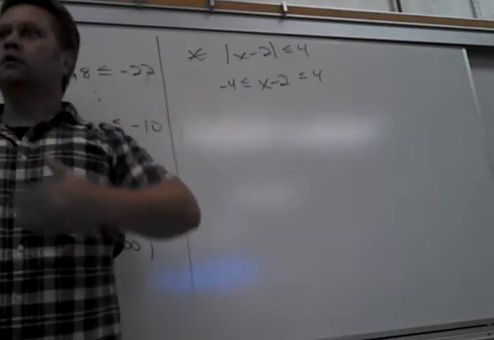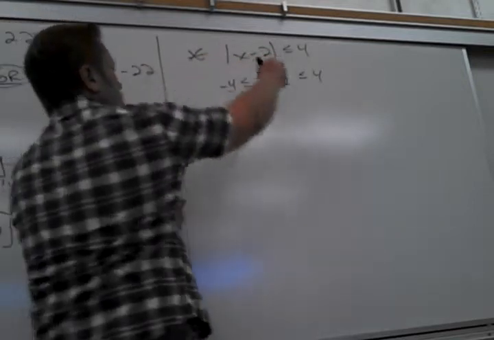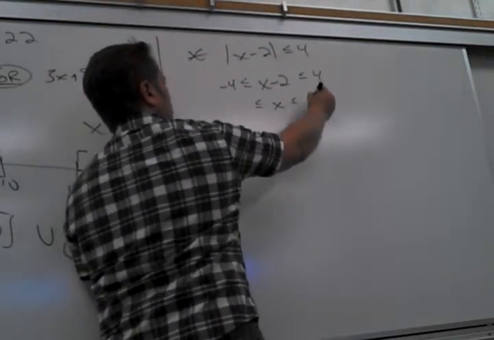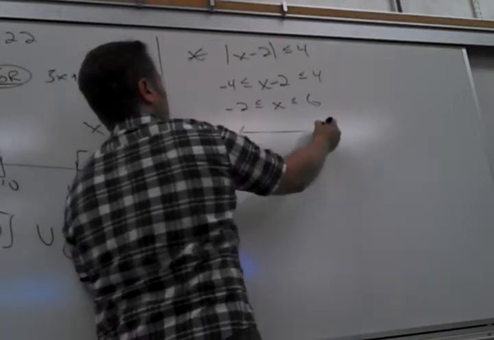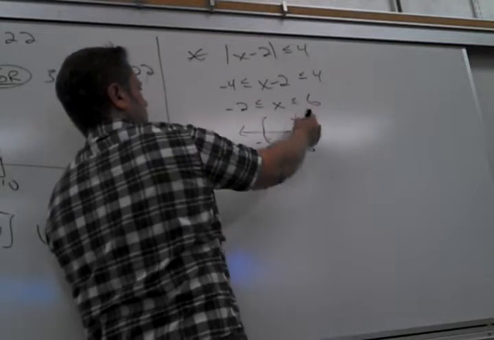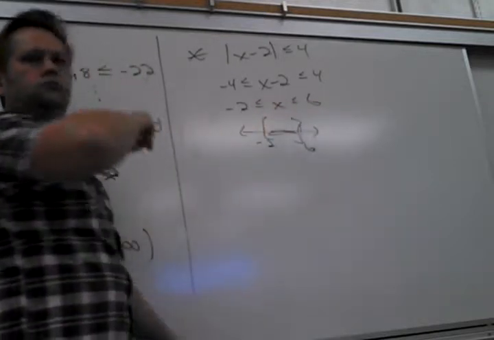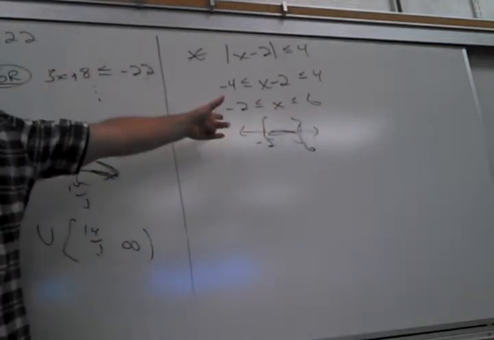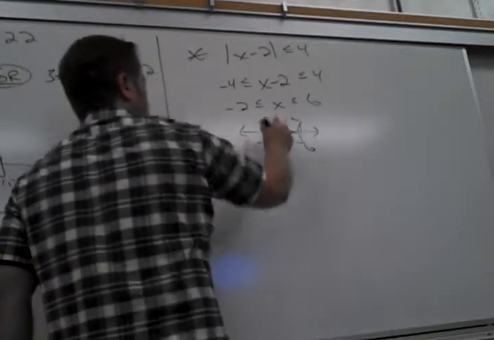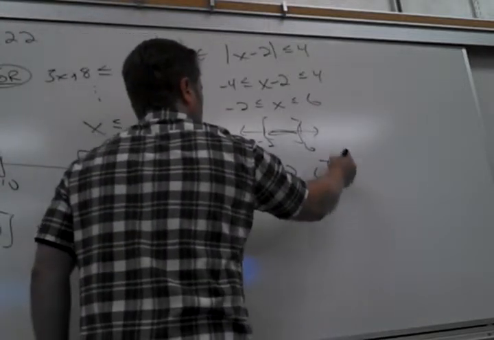So we do it on the graph? Yeah, well here, you solve it real quick. Add 2, get x by itself, right? And then the graph would be negative 2 to 6 with what symbols? Brackets, because it's allowed to equal, right? And then the interval notation is stupid easy. Should be. I feel completely safe saying that. Because it's bracket, that number, bracket.